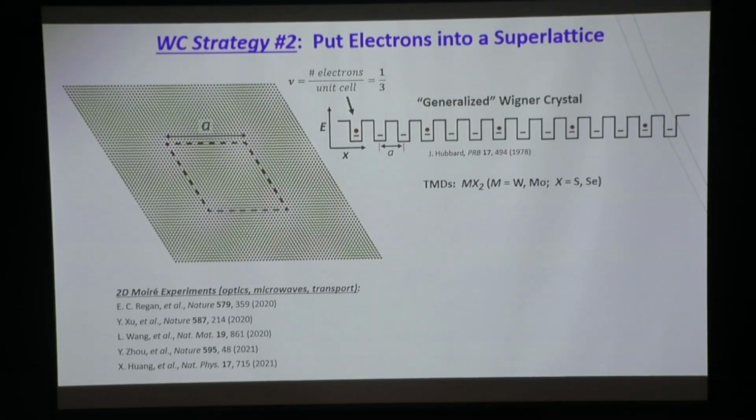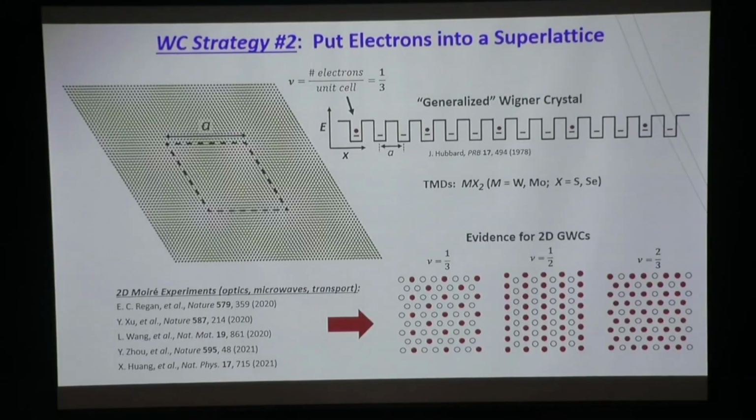Here I list some of those groups. And they use optics, microwaves, and transport to observe this kind of physics. And they saw evidence for generalized Wigner crystallization at, for example, these types of filling factors. So this is nu equals 1/3, and this is a triangular lattice.